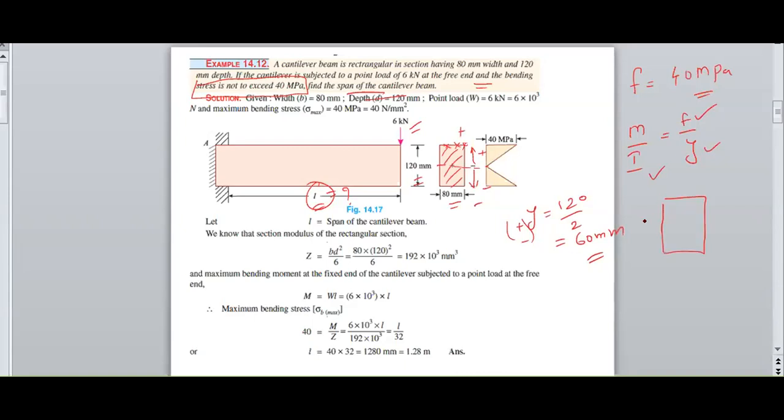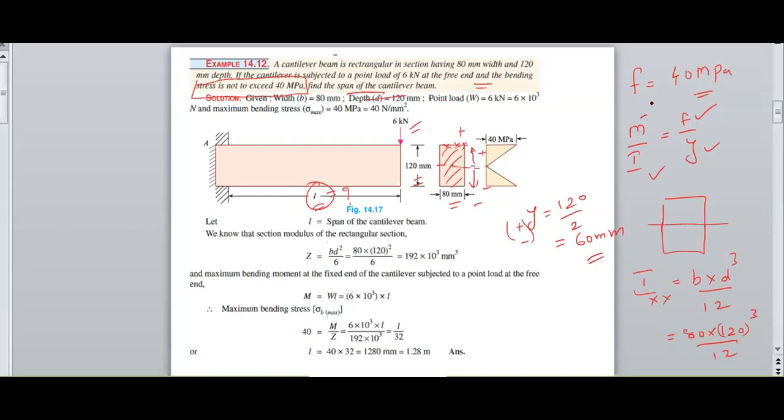So now y is also a known value, and I can find the Ixx because it is a rectangular body. It is nothing but b d cubed by 12. So b is a known value, 80, and depth is 120, whole cube, by 12. So I can find the Ixx. This is also a known value.